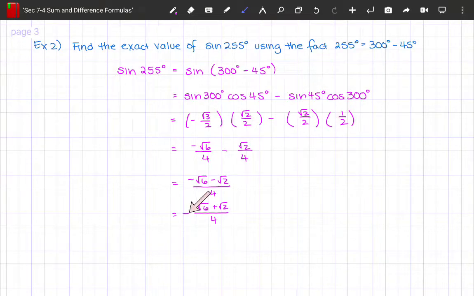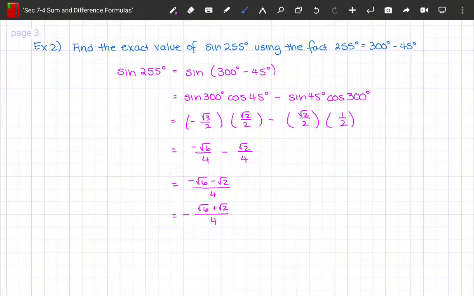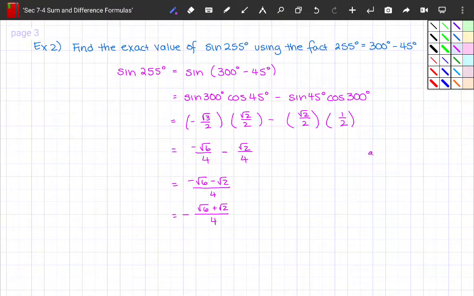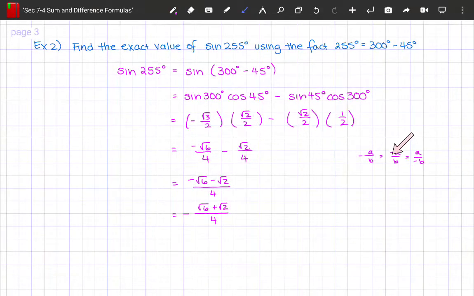Now, that negative can go in the top or the bottom, but not both places. Because remember, we've looked at this in the past. Negative a over b is negative a over b is a over negative b. A negative divided by a positive is negative.